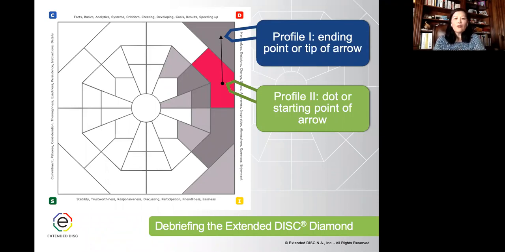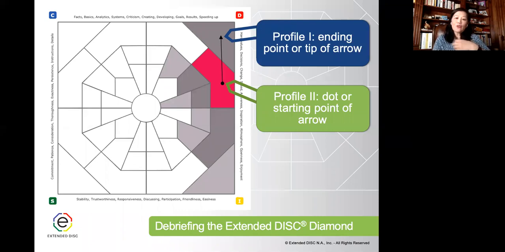The arrow, which in the report is represented by profile 1, we call that your perceived need to adjust. Specifically, profile 1 is the tip of the arrow. And what that represents is, where do you feel you need to make adjustments to your natural style in order to react most effectively to your present environment.